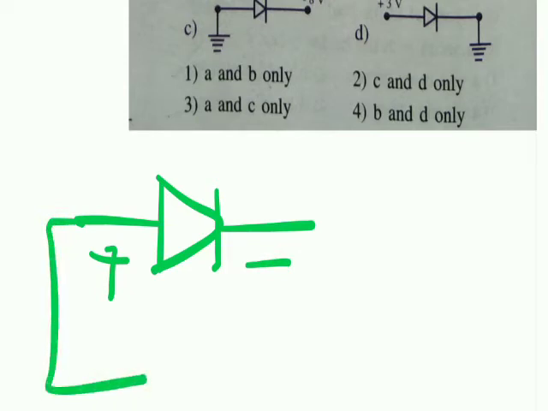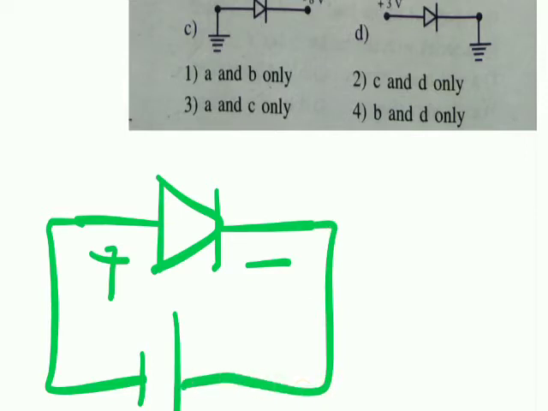Nothing but the diode's positive side is connecting to the battery's negative terminal, and the diode's negative region is connecting to the battery's positive terminal.